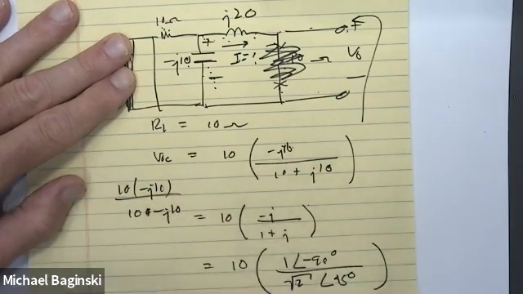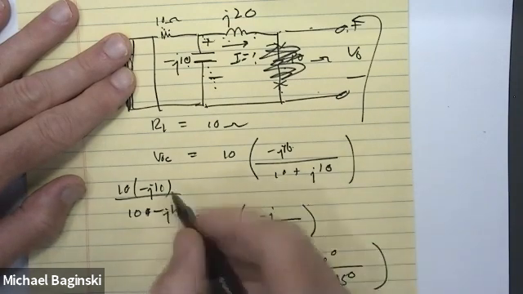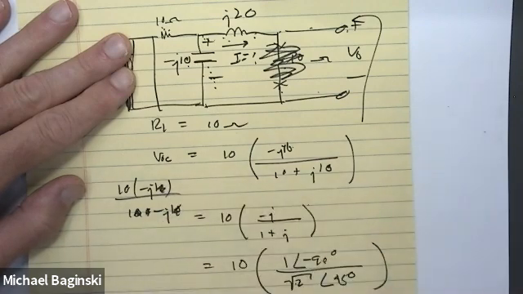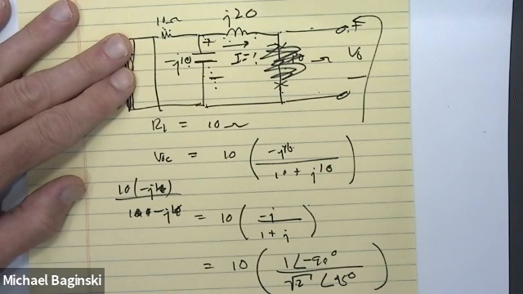How many see that right there? Two in parallel would be first times the second over the first plus the second, right? Now if I divide top and bottom by 10, I get minus J over 1 minus J. Okay? That's all I'm doing. Are you okay with it?